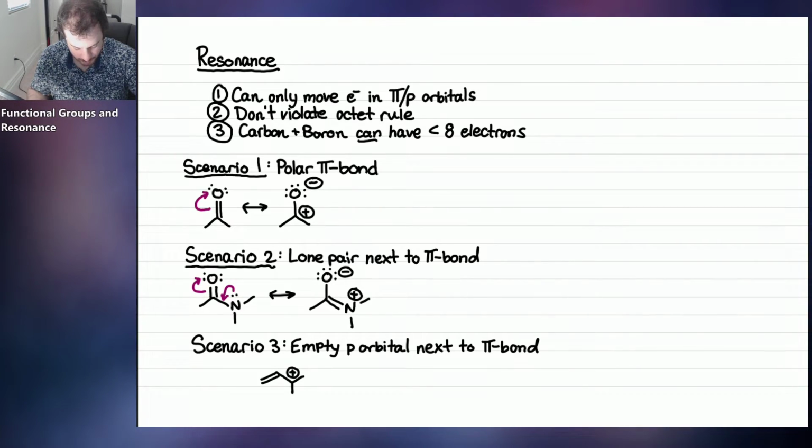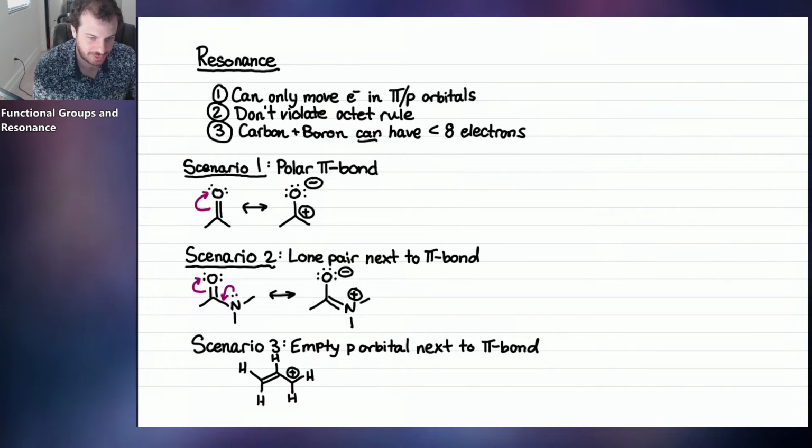Let's put a positive charge on carbon. I'm just drawing in all the hydrogens so that we can see them. If we look at this carbon here, you can see that it has only 6 electrons, right? This carbon has 1, 2, 3, 4, 5, 6 electrons because each bond is worth 2 electrons. So that carbon does not have a full octet, and you can also see that with the positive charge there showing that it's electron deficient.